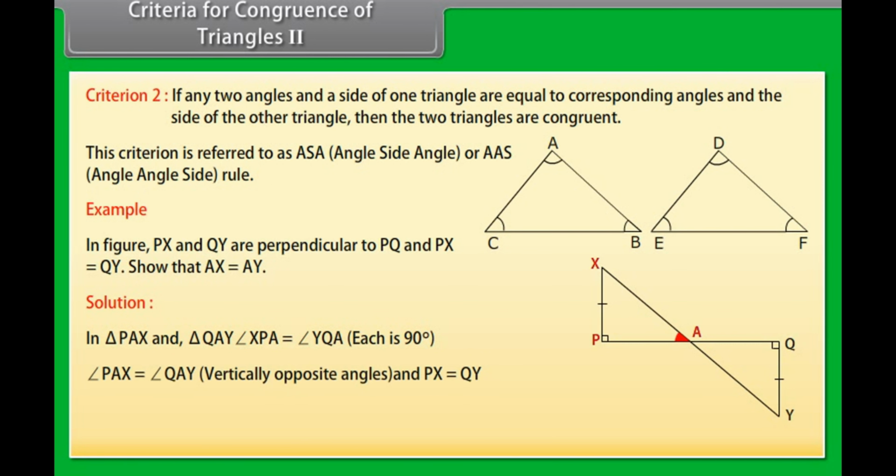Angle PAX is equal to angle QAY because these are vertically opposite angles, and PX is equal to QY. Therefore, by AAS congruence rule, triangle PAX is congruent to triangle QAY. Therefore, AX is equal to AY, by CPCT.